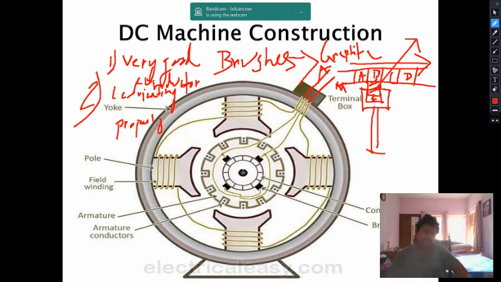It is not static, unlike the field windings, which are static. The armature windings are rotating, since they are housed in the rotor. And we are getting unidirectional current output at the terminals A and AA if it is a generator. But if it is a motor, then we have to give supply to the terminals A and AA.